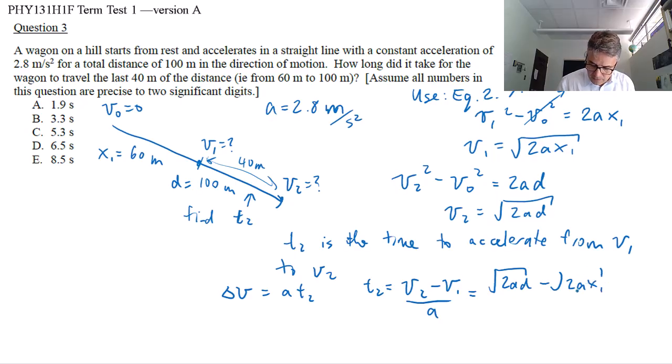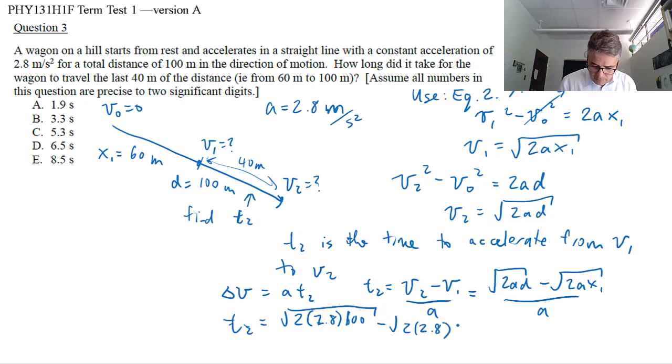x1 divided by a. And so t2 is going to be equal to square root of 2 times 2.8 times 100 meters, which is d, minus the square root of 2 times 2.8 times 60 meters, all divided by 2.8.